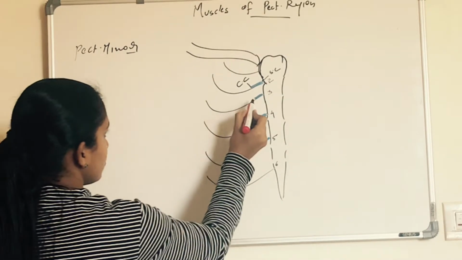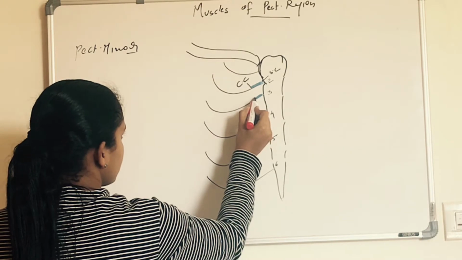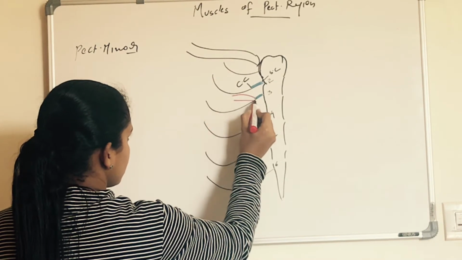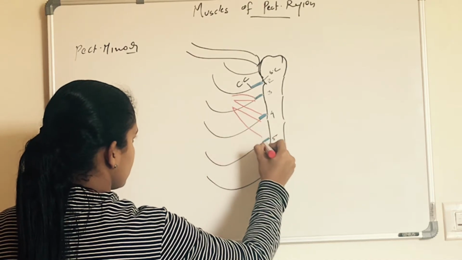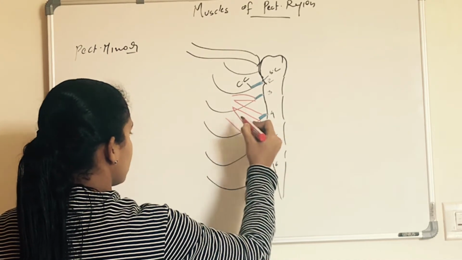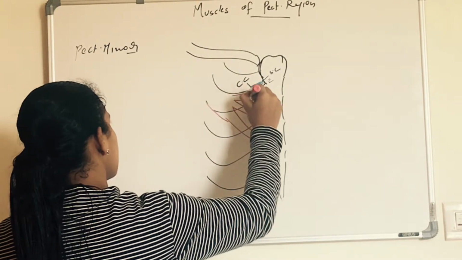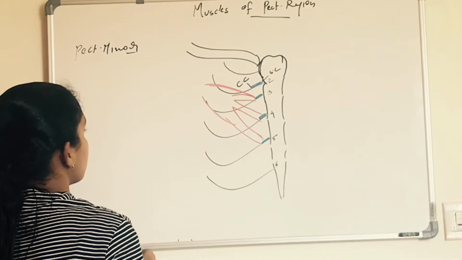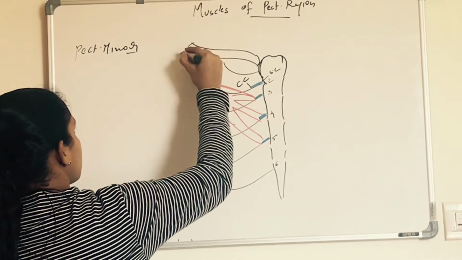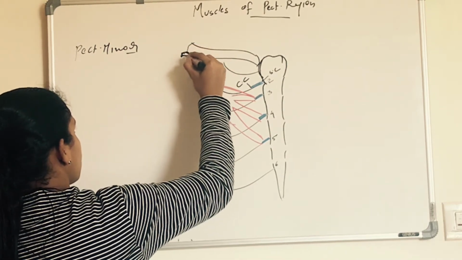Now this pectoralis minor takes origin from this costochondral joint from 3rd, 4th and 5th ribs, and it moves upwards laterally to get inserted into which process of scapula? Yes, coracoid process of scapula.